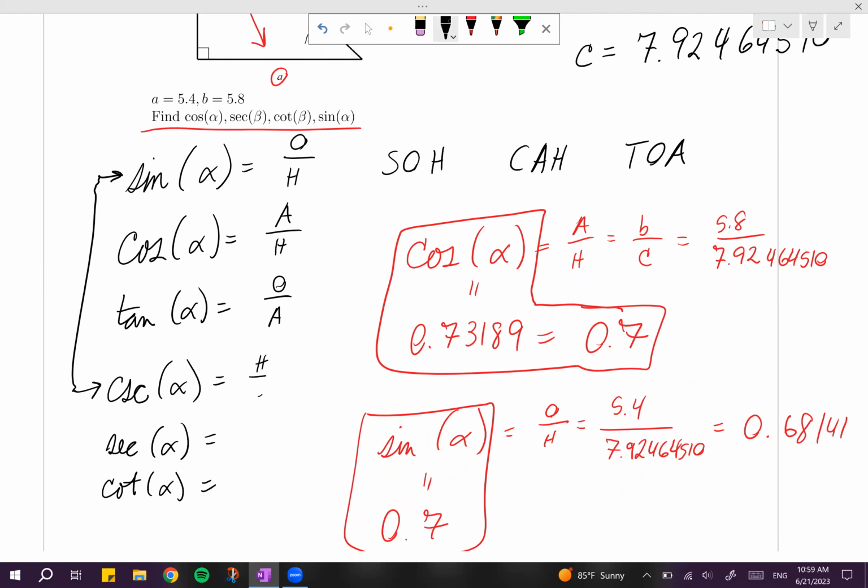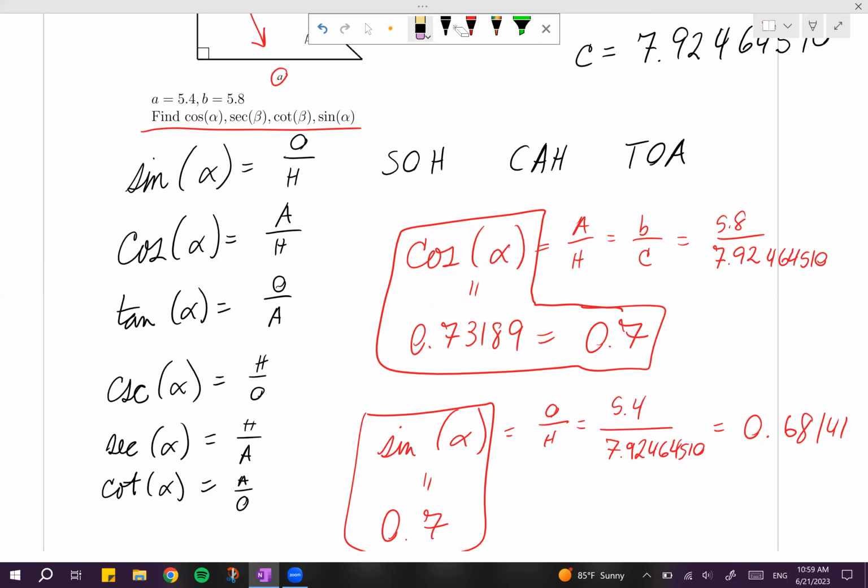So it's H over O, hypotenuse over opposite. Secant is the inverse of cosine. So it's hypotenuse over adjacent. And cotangent is the inverse of tangent. So it's adjacent over opposite.